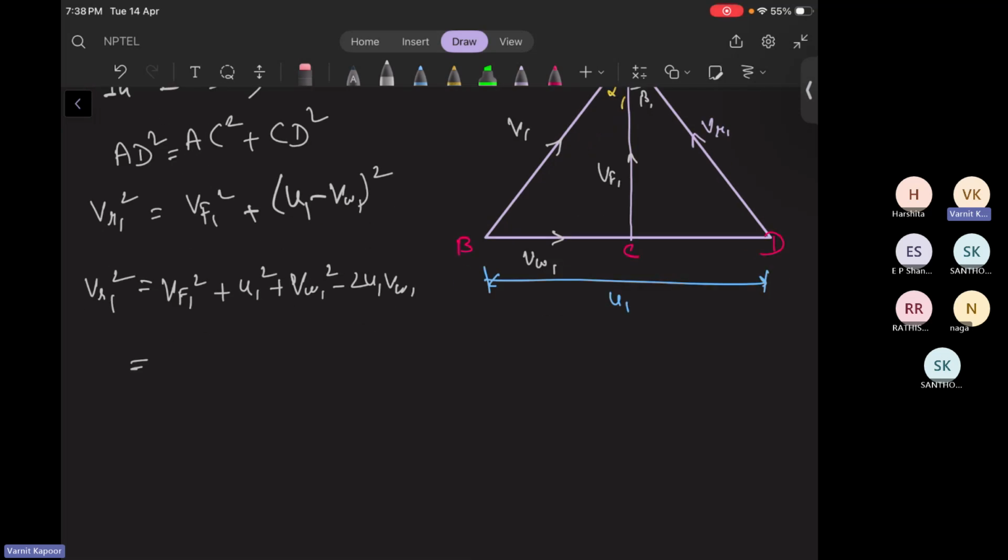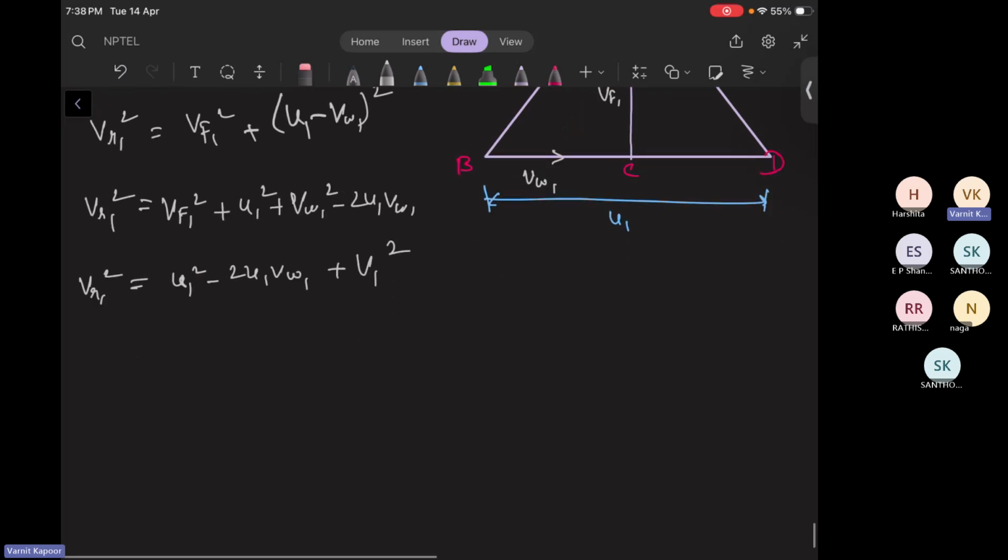Then let us rewrite together. Your VR1 square will be U1 square minus 2U1 VW1, and taking this and this together, VF and VW is nothing but V, total absolute velocity, plus V1 square.